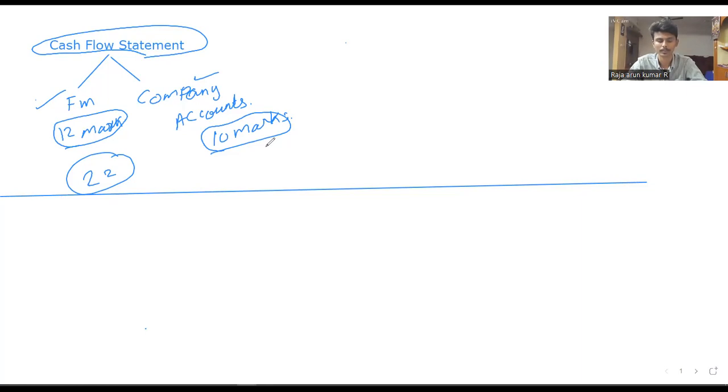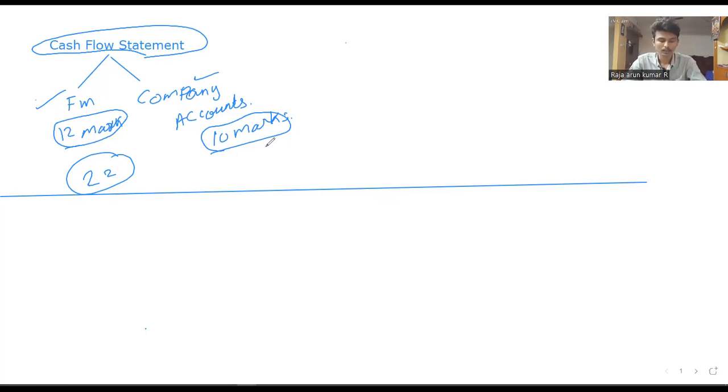In a company, they show financial statements. What are the financial statements? There is also the trading and profit and loss account and balance sheet, along with the cash flow statement. In the business, the very important thing is cash. Before we understand the cash flow statement, we start with cash.